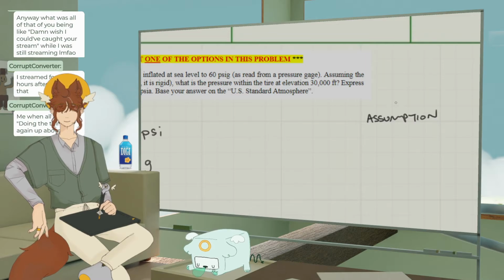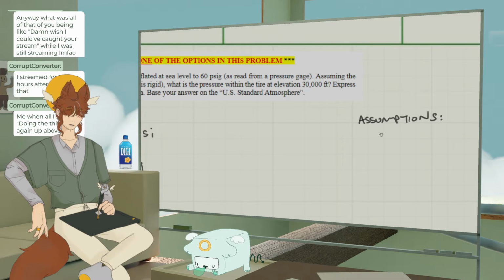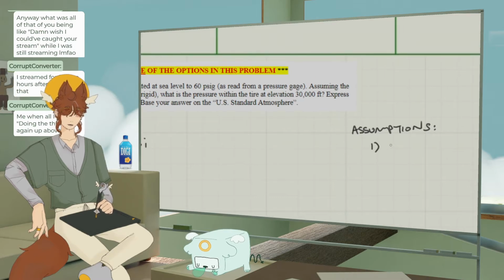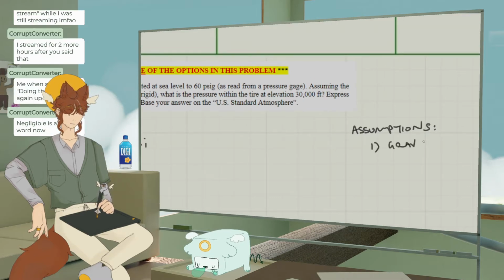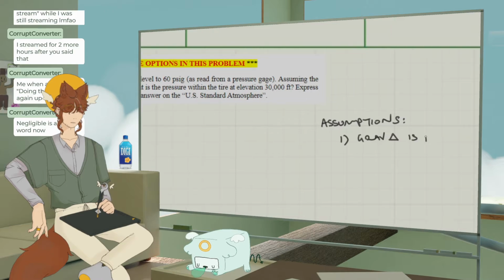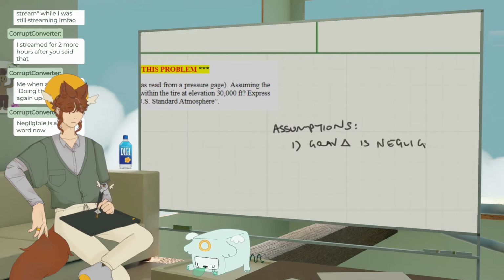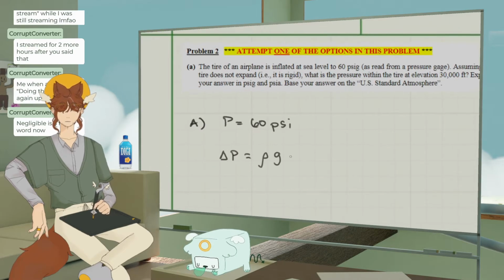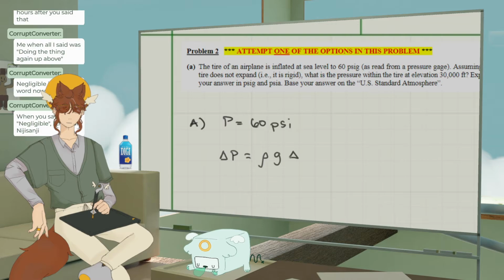Grav delta is negligible. Rho g delta h.